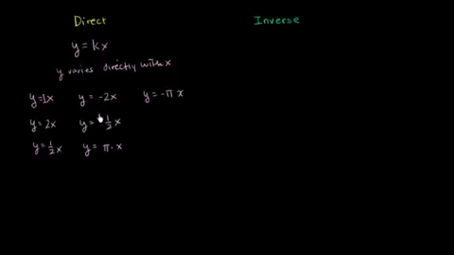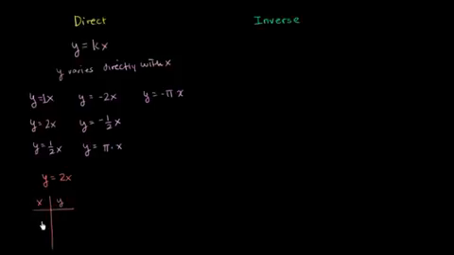And to understand this a little bit more tangibly, let's pick one of these scenarios. I'll take a positive version and a negative version, just because it might not be completely intuitive. So let's take the version of y is equal to 2x, and let's explore why we say they vary directly with each other. So let's pick a couple of values for x and see what the resulting y value would have to be.